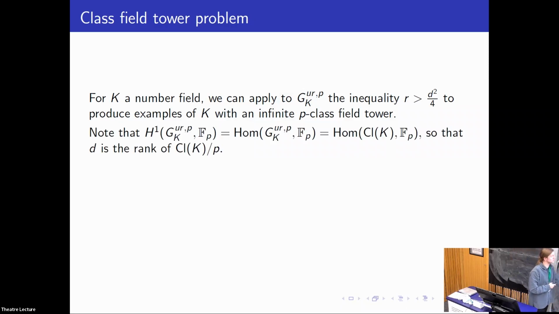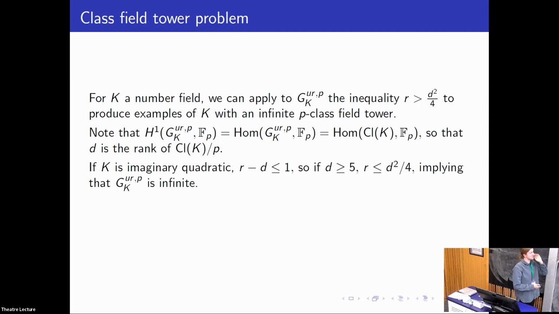Because you can show that H^1 of G_K^{ur,p} with coefficients F_p is the same as Hom from G_K^{ur,p} to F_p. By class field theory, this is precisely maps from the class group of K to F_p. So d is the dimension of the class group mod p.